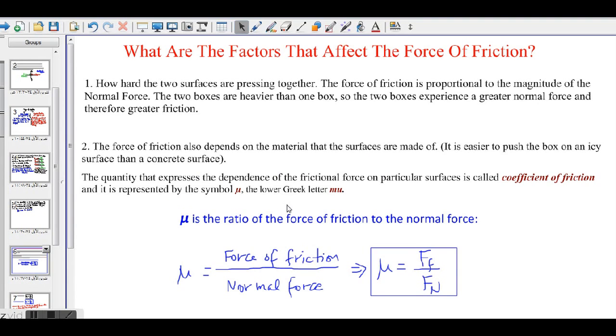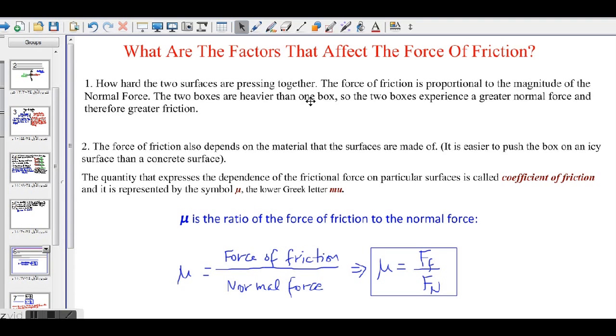Now, what are the factors that affect the force of friction? Number one, how hard the two surfaces are pressing together. How hard the surfaces are pressing together means it depends on how heavy the object is. Okay, because the heavier it is, the more it presses on the ground.